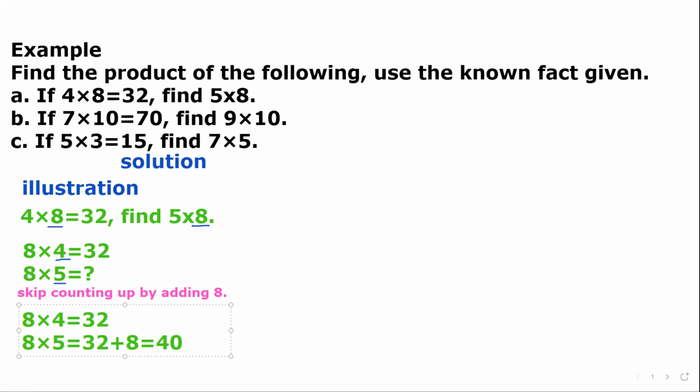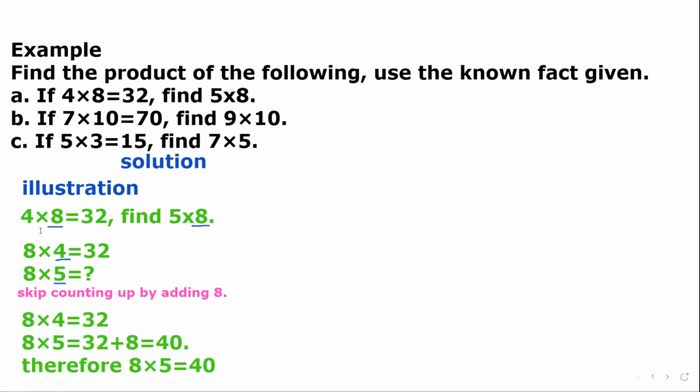When you add 32 plus 8, you get 40. Therefore, 8 times 5 is equal to 40.